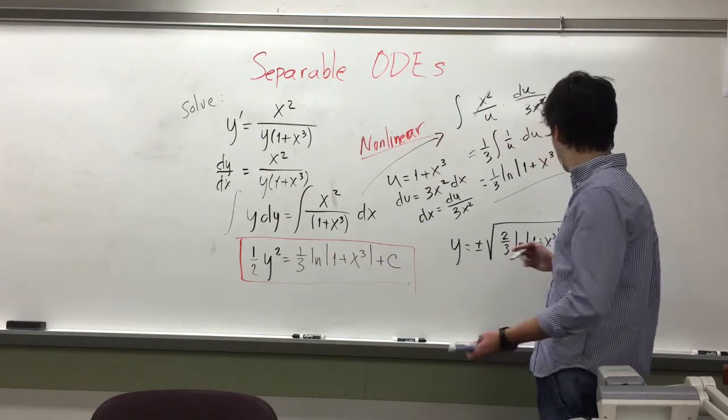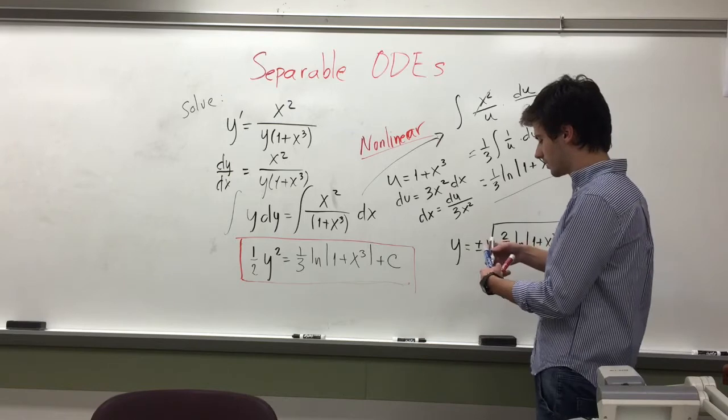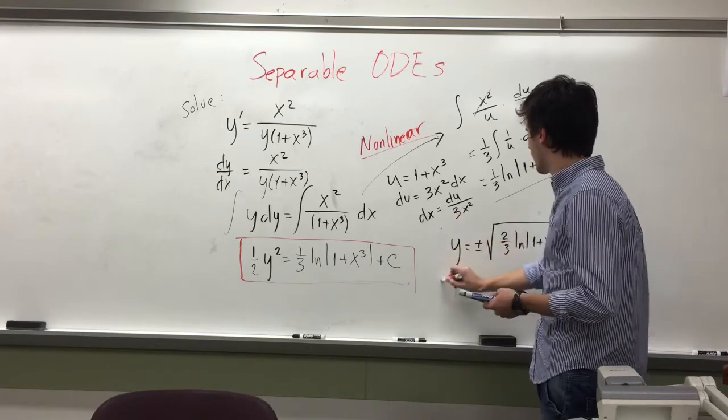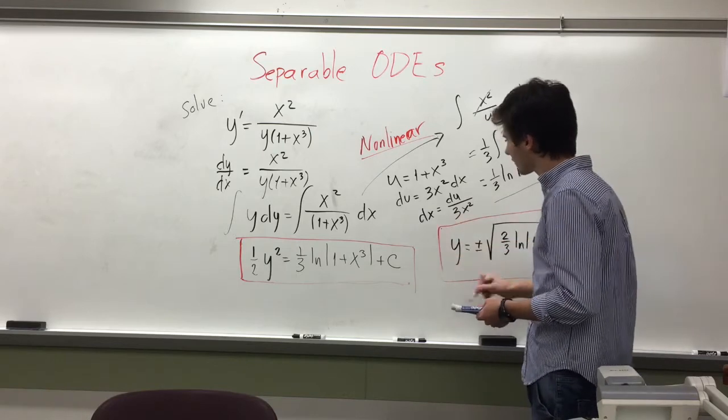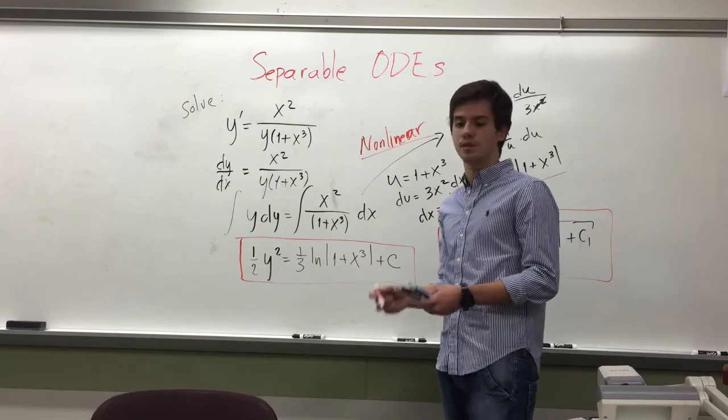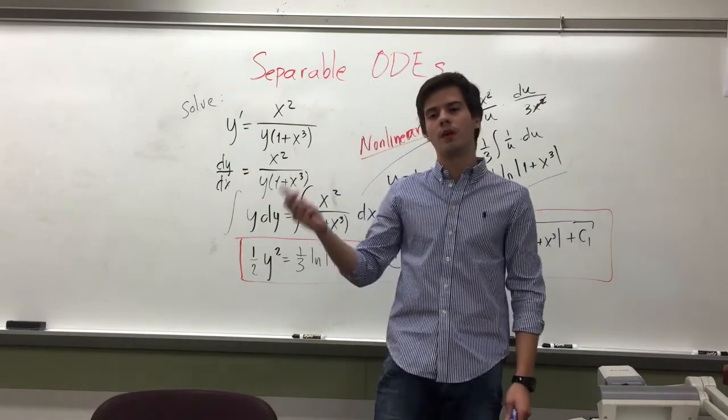It's just another constant, but I don't know how strict your professor is, so we can leave it like that. So this would be the explicit solution, and this would be the implicit solution. So this was just one example.